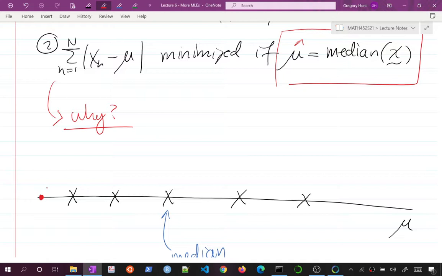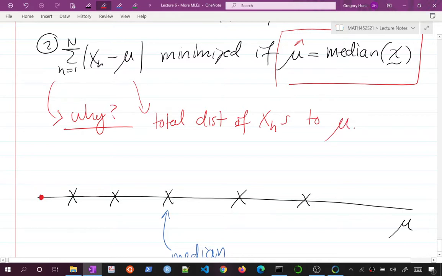Sorry, does that minimize the sum of my absolute values? The sum of the absolute values is basically the total distance of the xn's to my putative mu, right? Each absolute value is the distance between xn and mu, and so I sum them up.